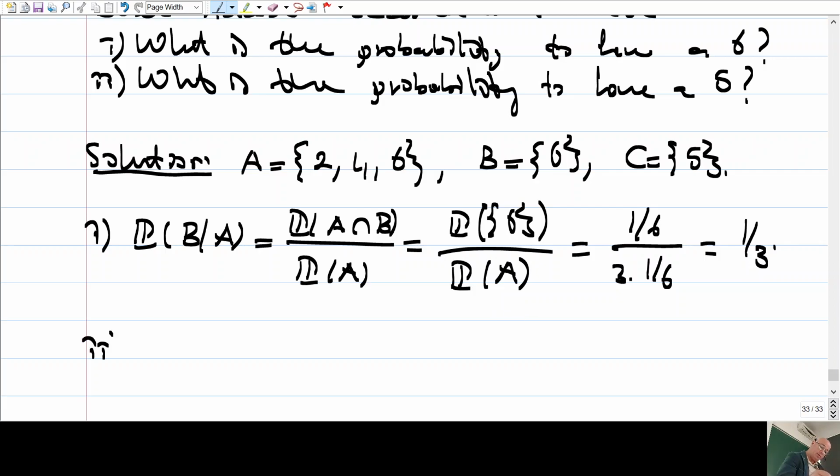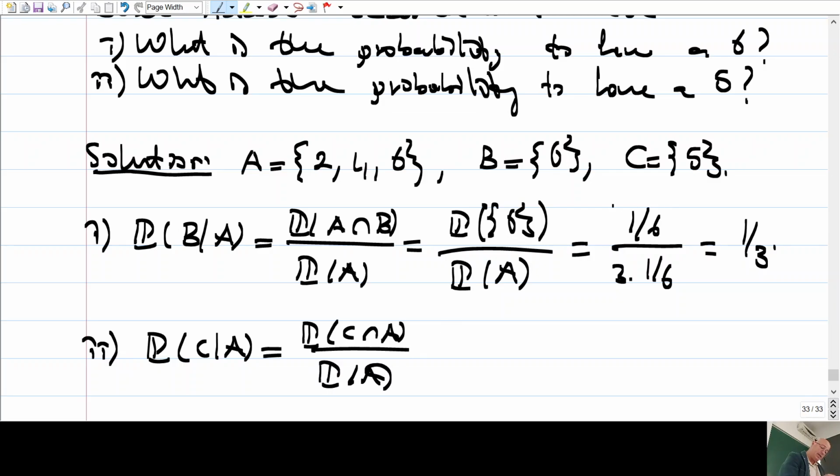What about the other conditional probability, A given C? By definition, this is the probability of the intersection of C and A divided by the probability of A. C and A is the empty set, because 5 is not an even number.